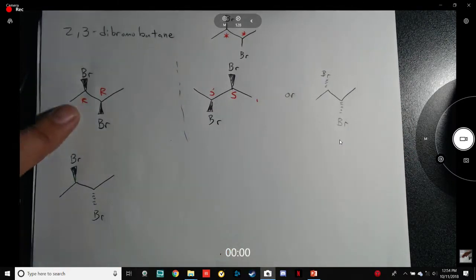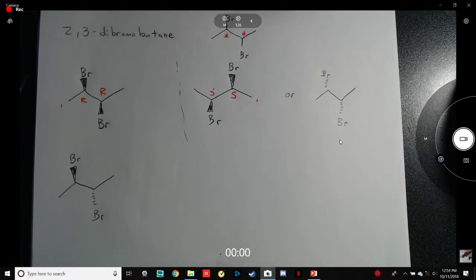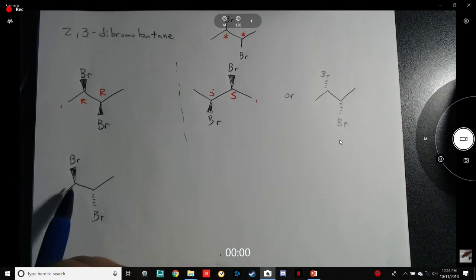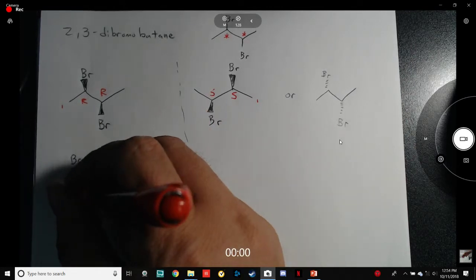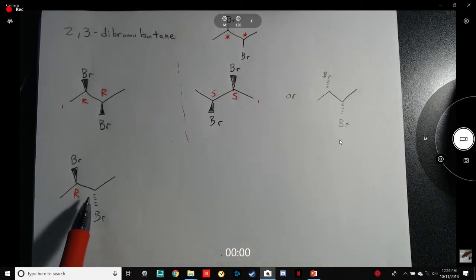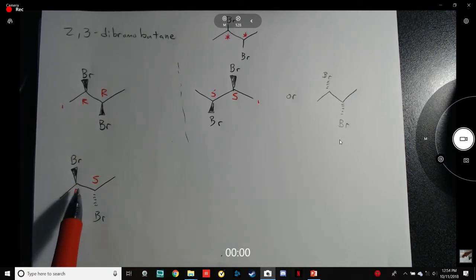So in comparing these two, I automatically know this is going to be RS. The reason is that I left this one the same, so we did not change any designations. This one I flipped by flipping the wedge and the dash. It is now S. We can confirm that by going 1, 2, 3.